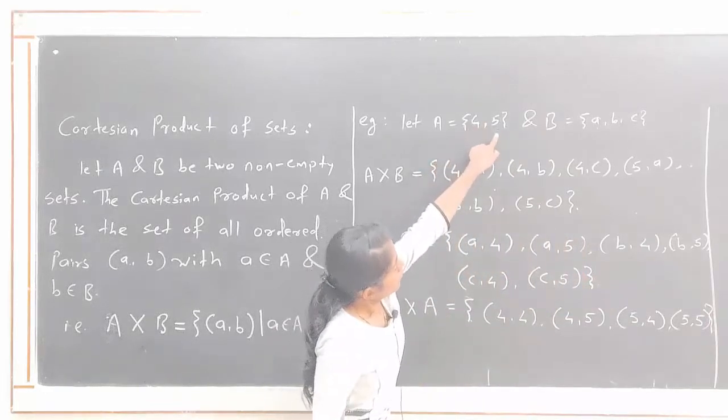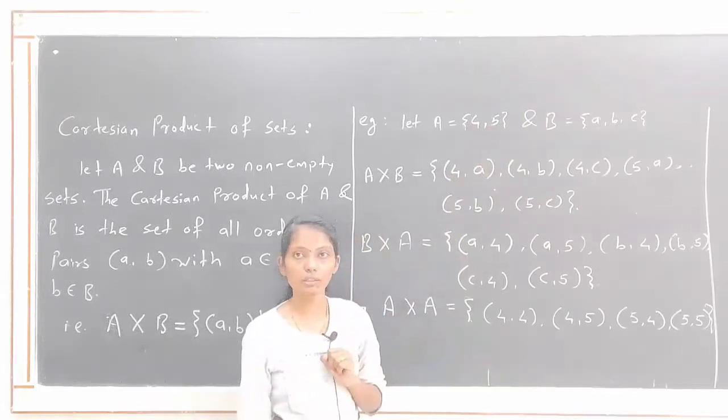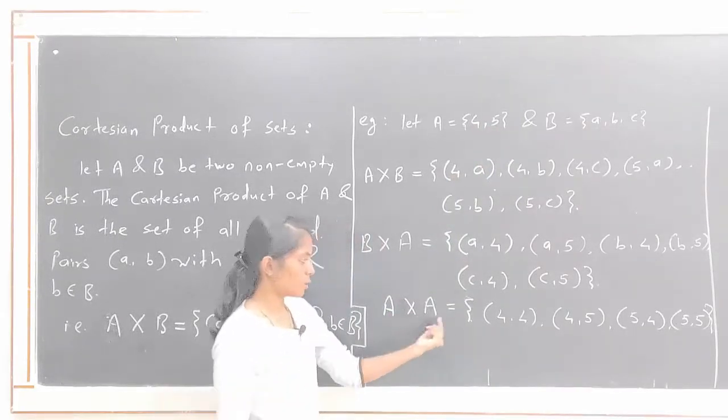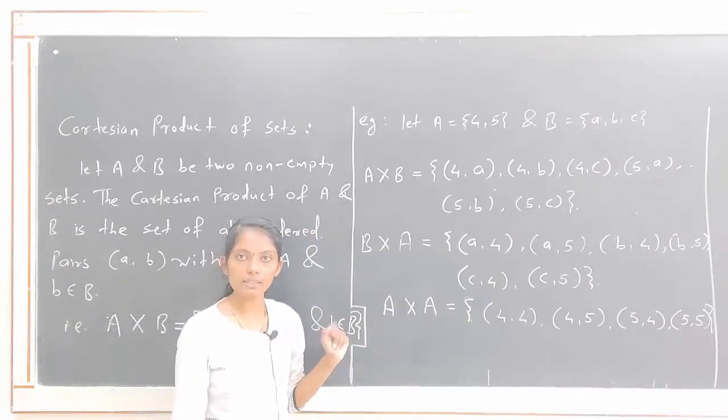So this is the Cartesian product of A cross A, of set A with A. All of you get this?